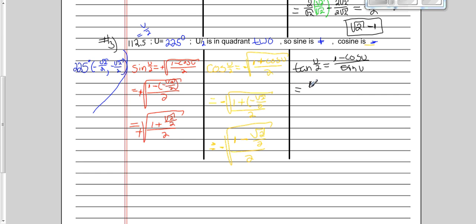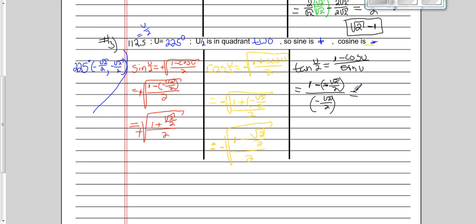So I got 1 minus negative square root of 2 over 2. I'm going to erase that and start over. Doesn't look very good. Okay, so 1 minus negative square root of 2 over 2 all over negative square root of 2 over 2.